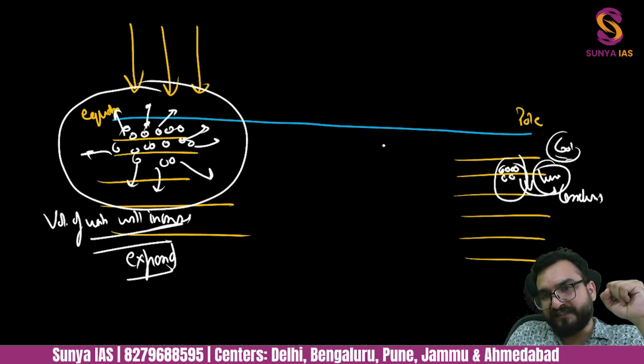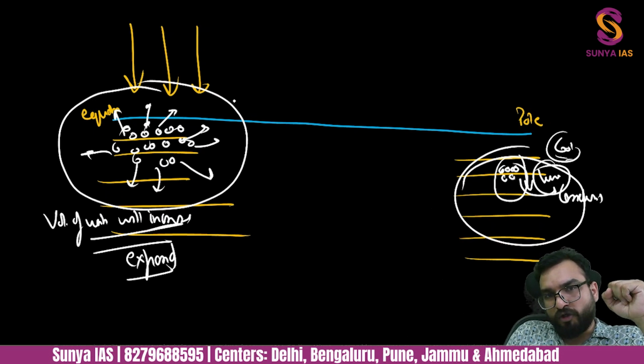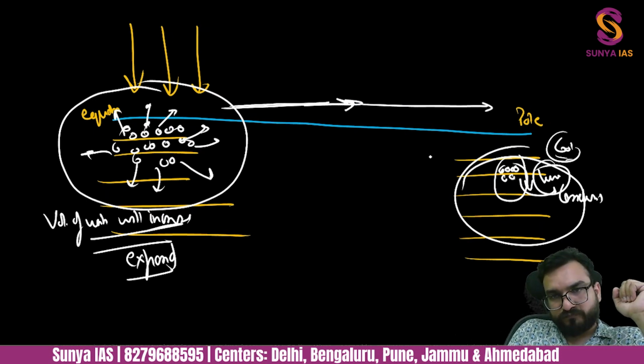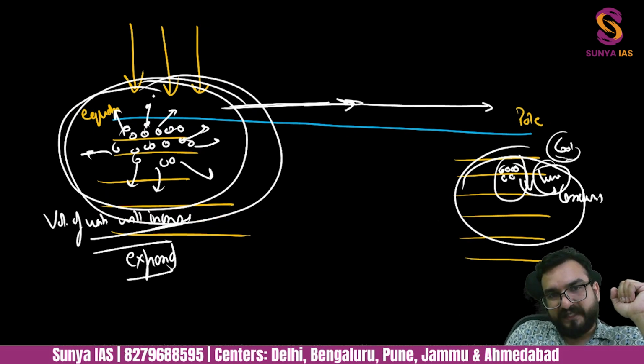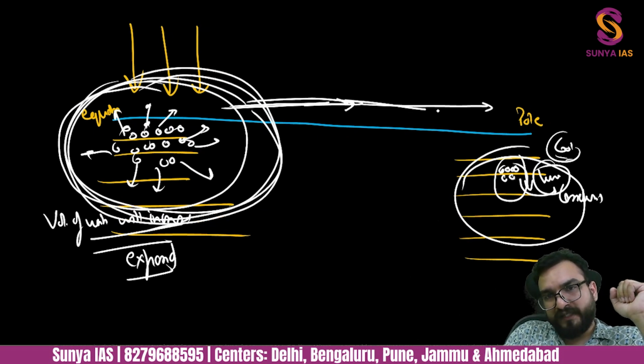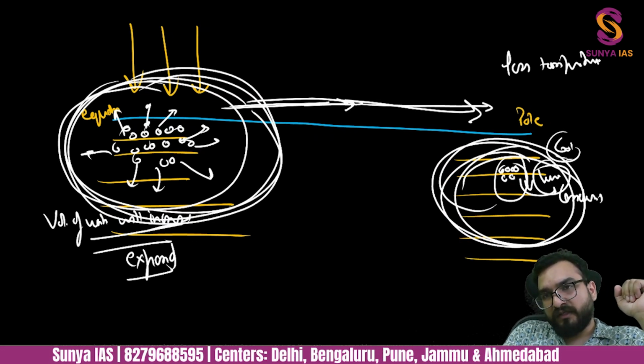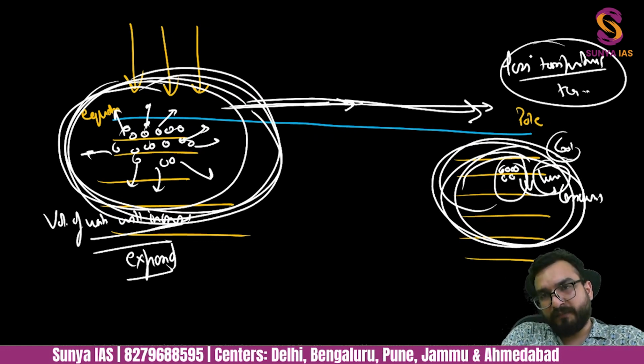Automatically a gradient is developed, and now water will be flowing from this particular region to the colder regions. Because over here volume is increasing, where will this volume go? Automatically to the lower volume regions. Lower volume regions are the less temperate regions, the lower temperature regions, right?